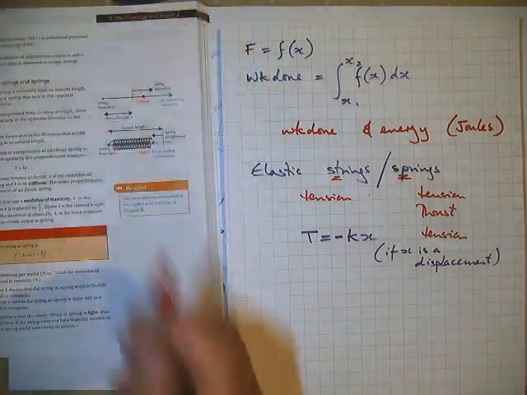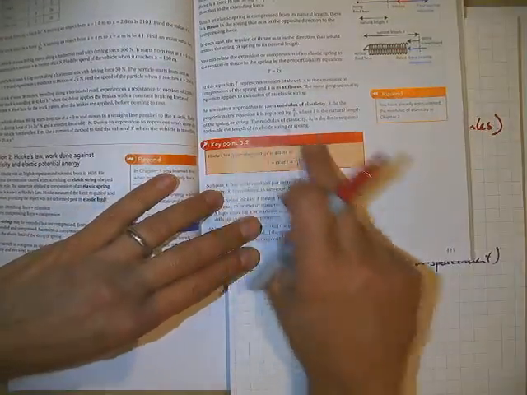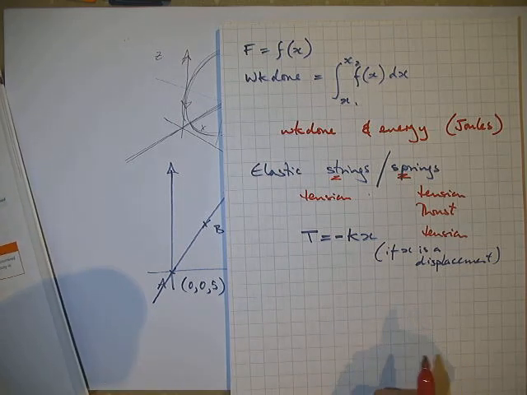Right, there will be two ways we can describe it, as in key point 5.2. You've got a book, you can read this in more detail.